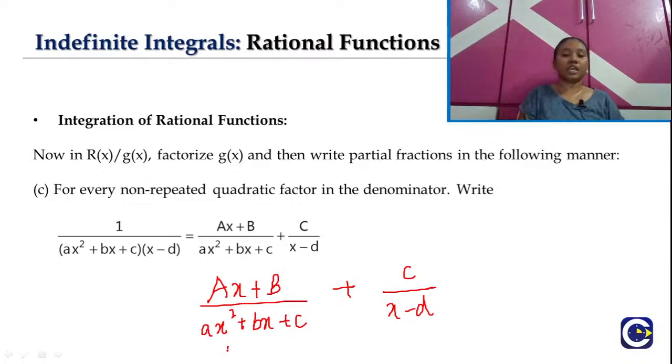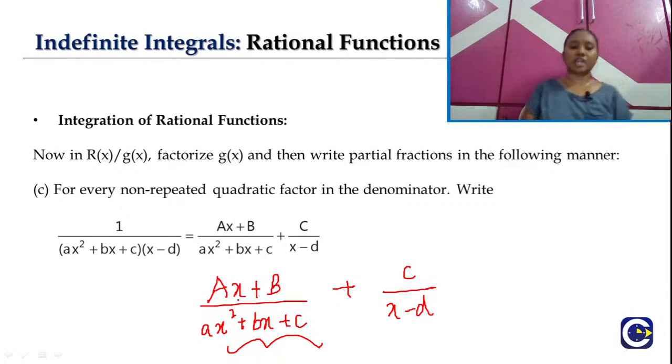As we are taking the quadratic factor, the numerator will have the variable x as well as two real numbers, A and B. So this will be my expression when I have a denominator with a non-repeated quadratic factor.